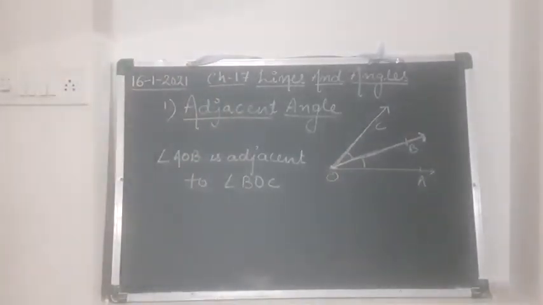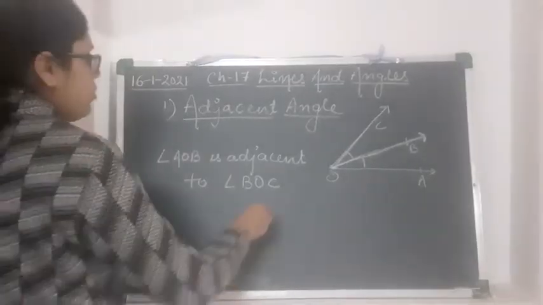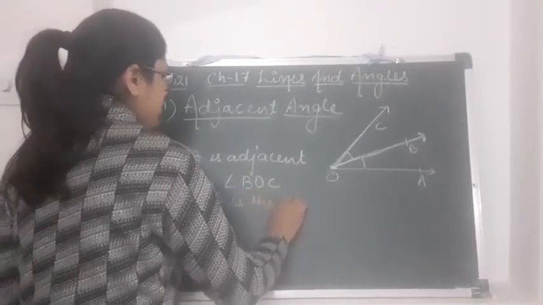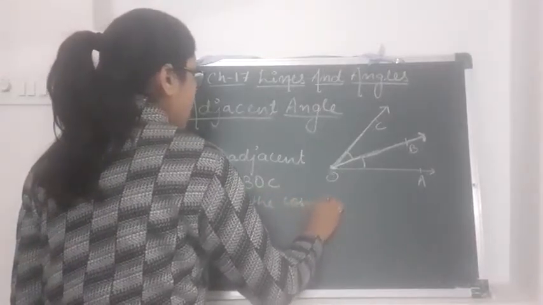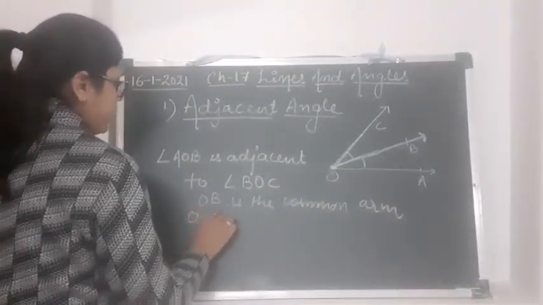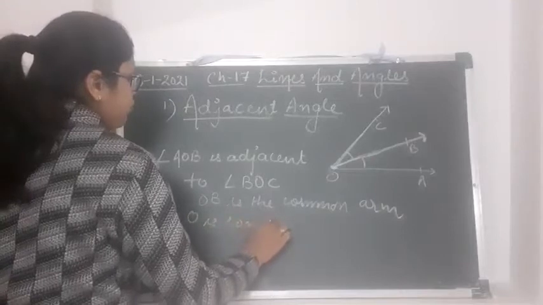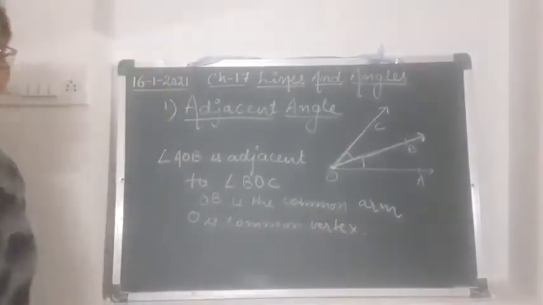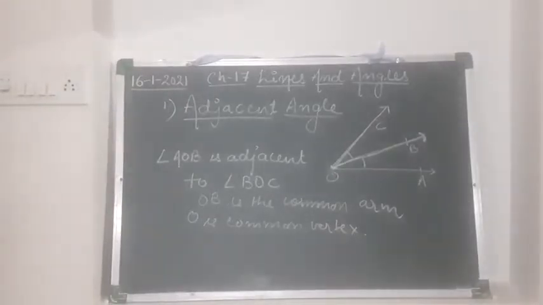So angle AOB is adjacent to angle BOC. OB is the common arm and O is the common vertex. I hope this is clear to you all. This is the adjacent angle.